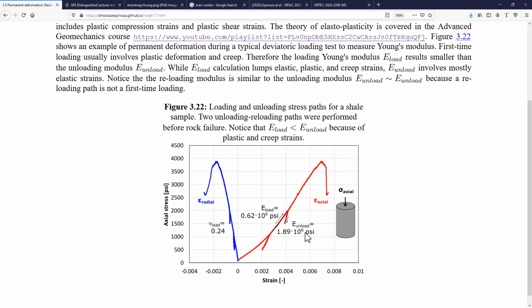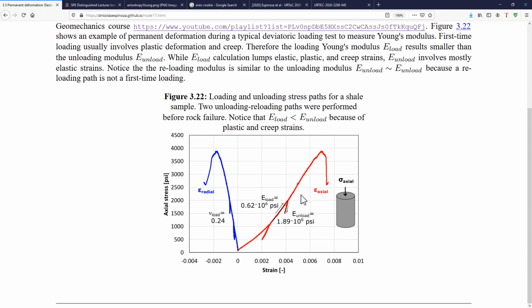And an example of that is the data that you processed in your homework, in which you see that whenever we do a loading and then an unloading sequence after that, this loading Young modulus is different than the unloading Young modulus. And the reason behind that is that when we load the rock, we usually also cause permanent deformations which are not recovered.